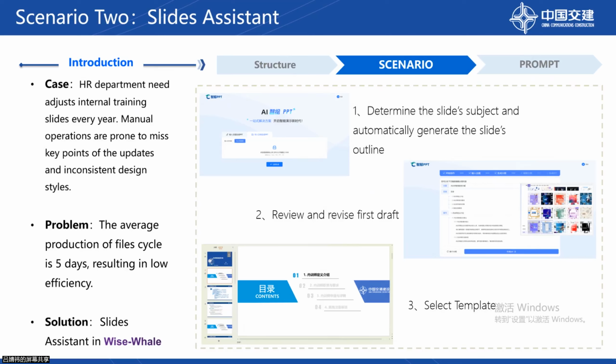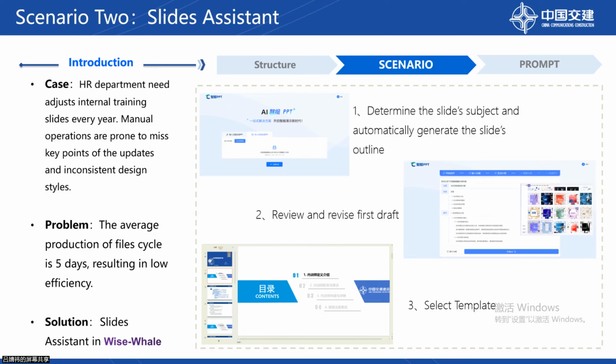Manual operations are prone to miss key points of the updates and have inconsistent design style. The average production cycle of a file is 5 days, resulting in low efficiency.